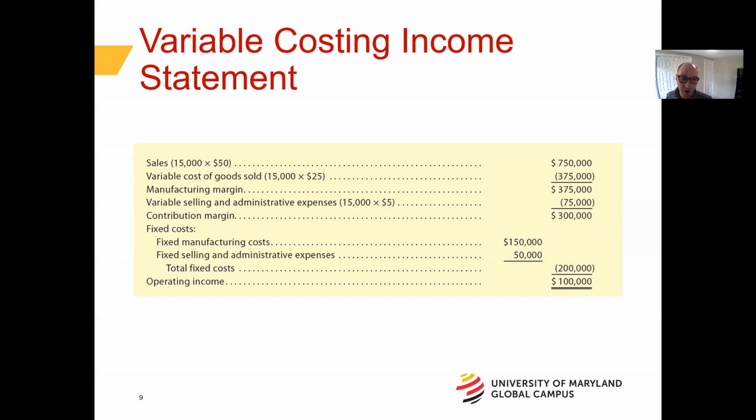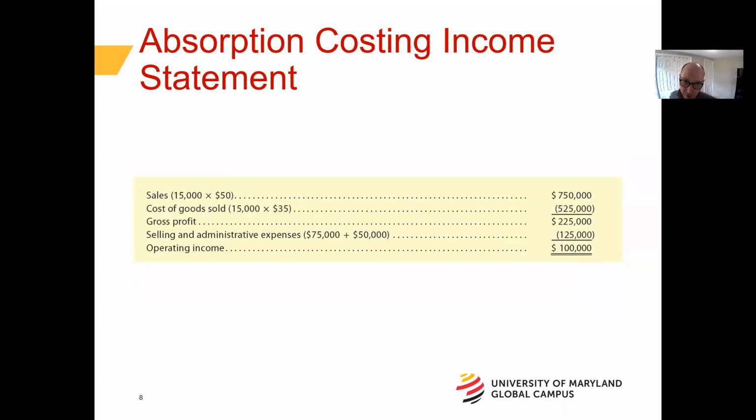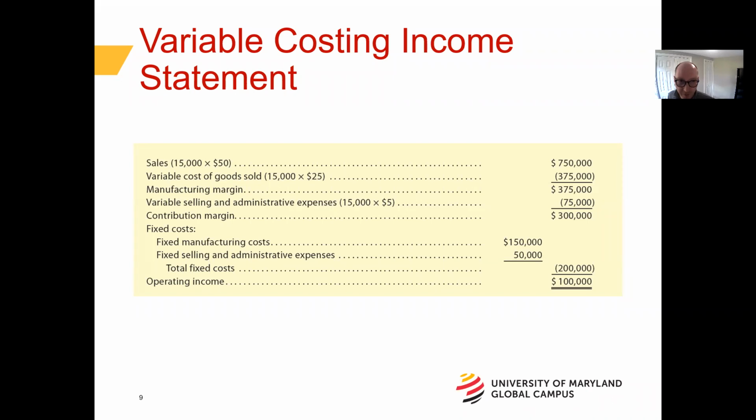Okay. Now, here's where it gets interesting from an analytical perspective. Under absorption costing, which was the model I showed you before, we have gross profit of 225,000. Under variable costing, we have contribution margin of 300,000.